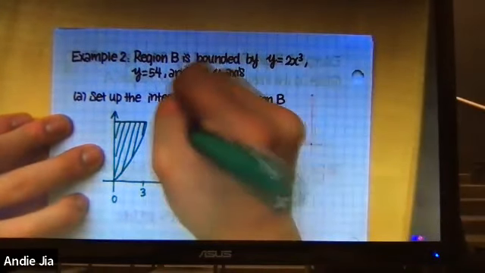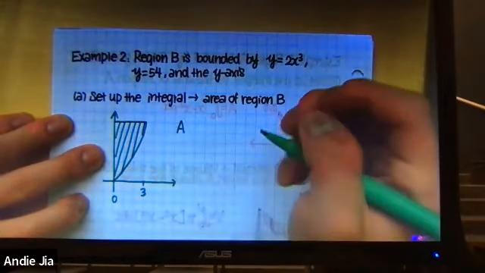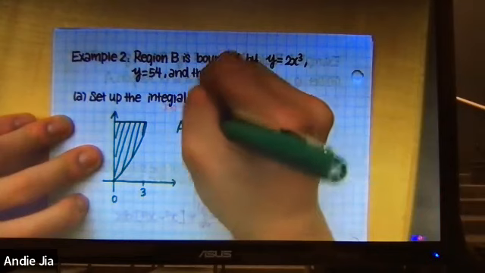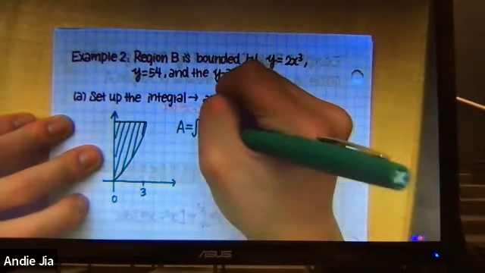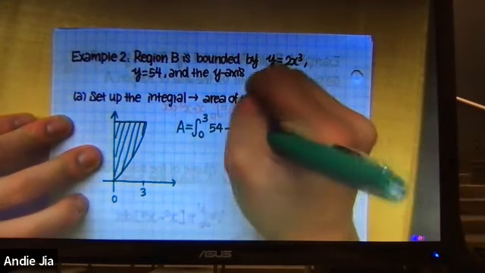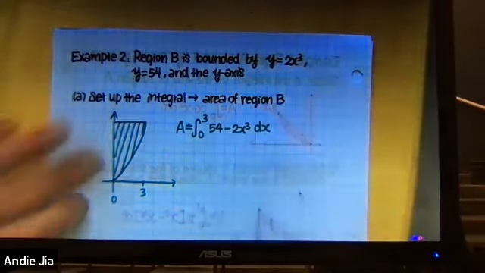So the area is the integral from 0 to 3 of 54 minus 2x to the cubic, dx.